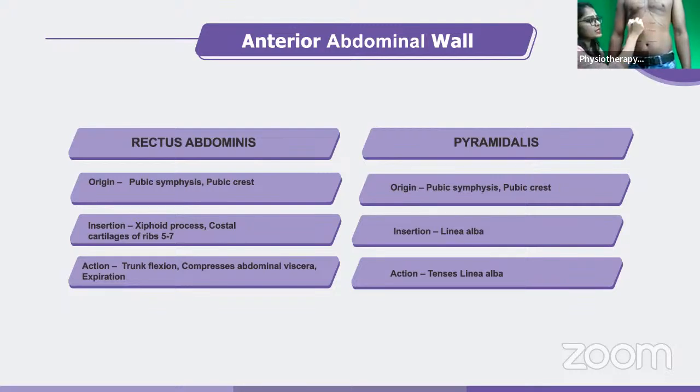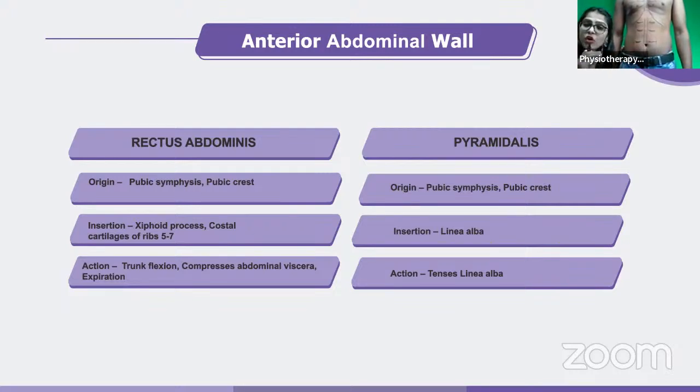So this is the rectus muscle. This muscle, which you can see here, has white color lines, which are the tendinous intersections of the rectus abdominis. This muscle is attached to a line in between, which is known as linea alba.